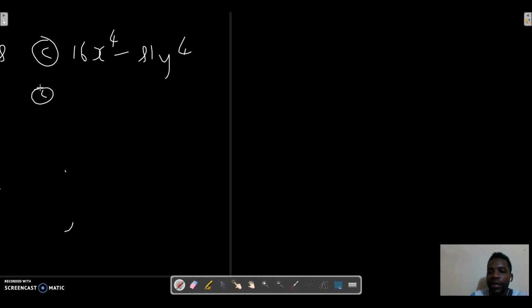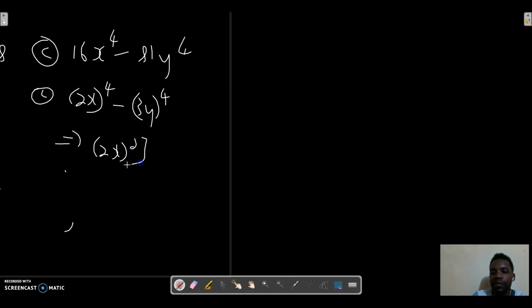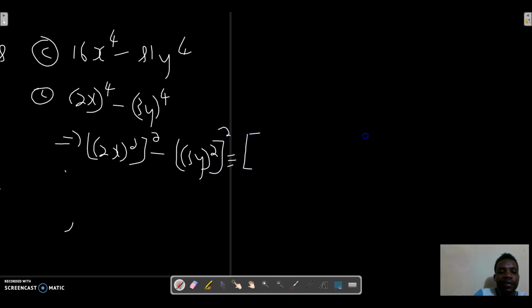So I can write this as 2x all to the 4, just to be clear, minus 3y all raised to the 4th power. Now we can further go on and say this is 2x squared to the second power minus 3y squared to the second power. So this can be looked at as a difference of 2 squares.